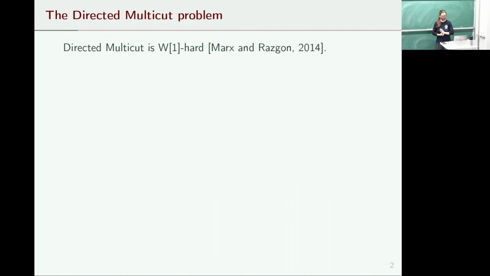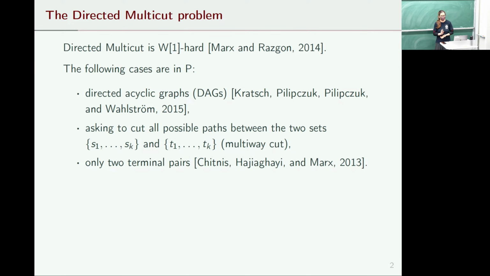And this is known to be W[1]-hard for a while already, since 2014. And there are a few cases that can be done in P, not so many. This is first of all for DAGs, so for graphs without directed cycles.